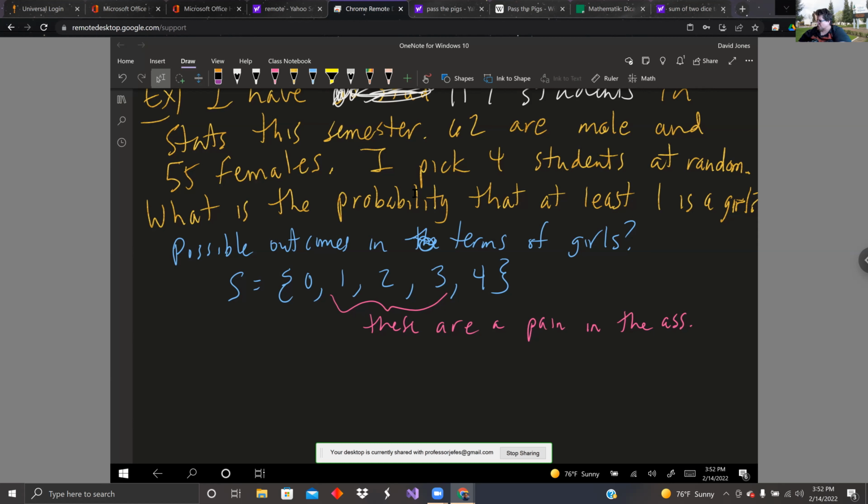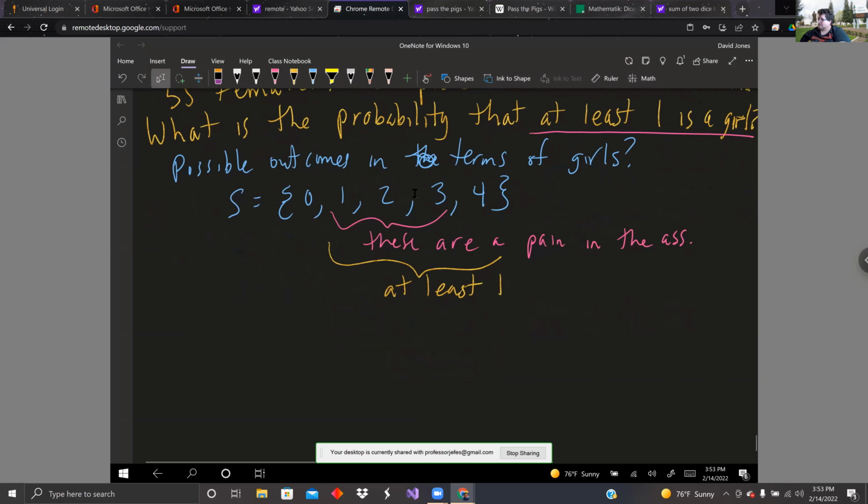But the question asks at least 1. At least 1 is 1 through 4. So this actually reduces my sample space to 0 or at least 1.